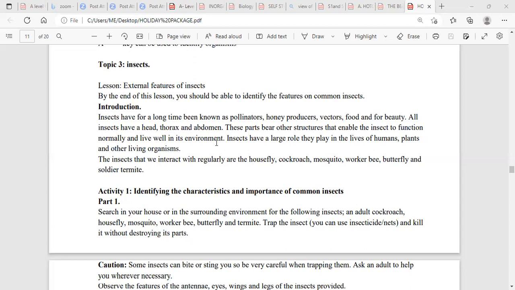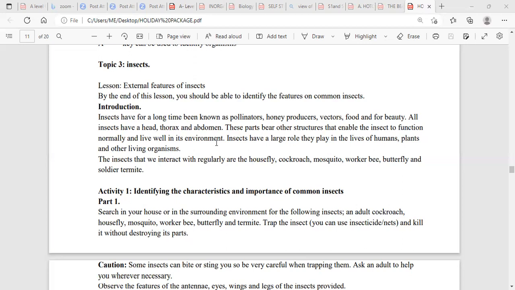The insects that we normally interact with in our homes and communities, that are so accessible to us, are the houseflies. If you don't know a housefly, move around your community and check out where you have an environment that needs to be cleared. You'll be able to look at the houseflies, because these guys love dirty things.